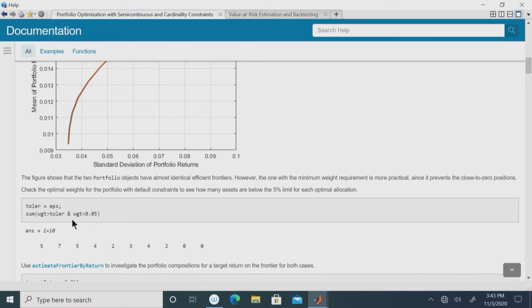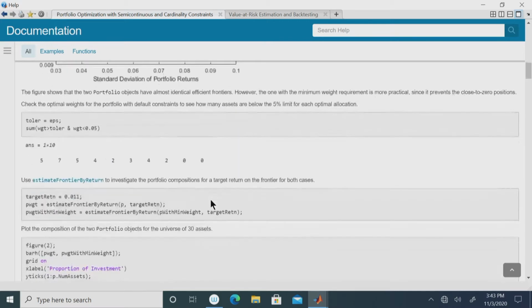So, for each of these optimal allocations, this is going to indicate the number of assets that actually fall below the 5% limit.